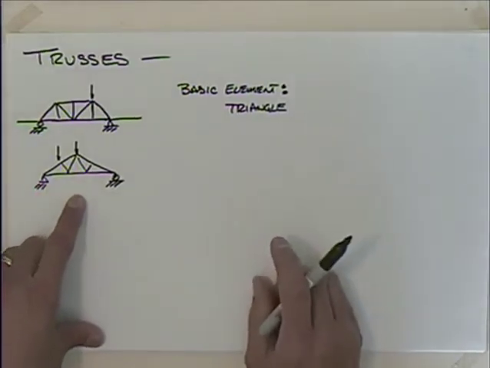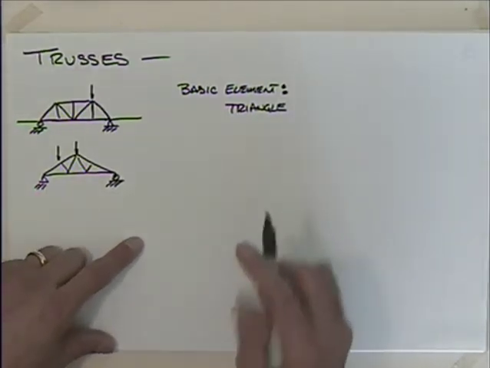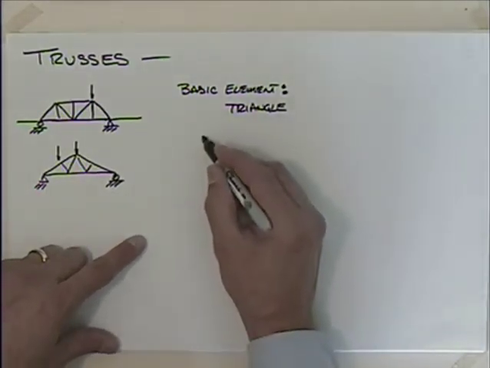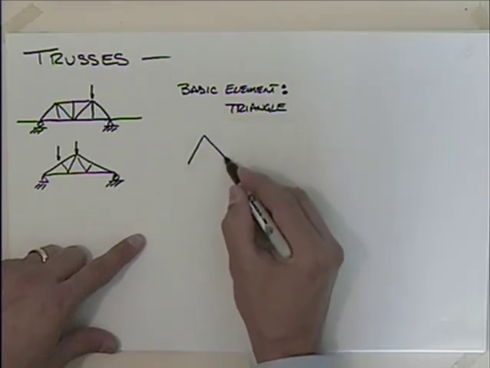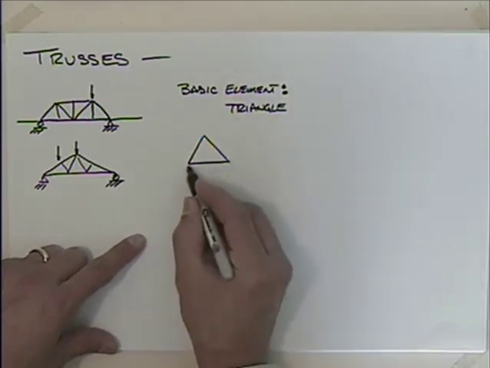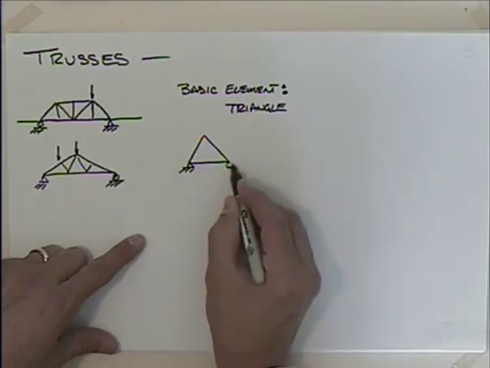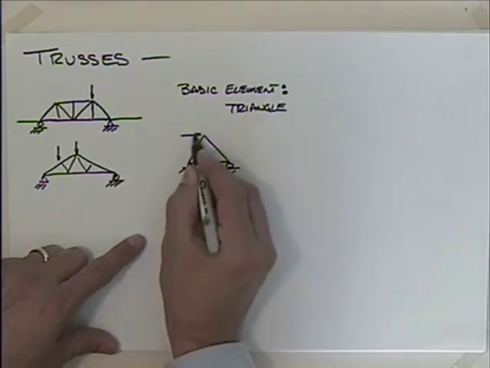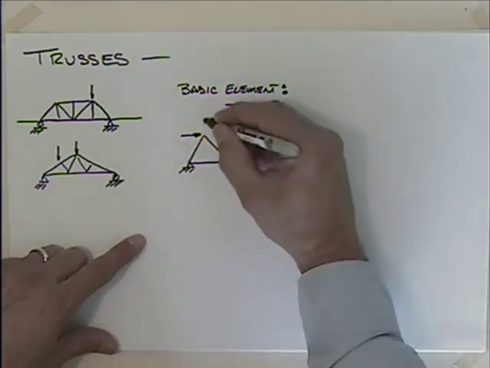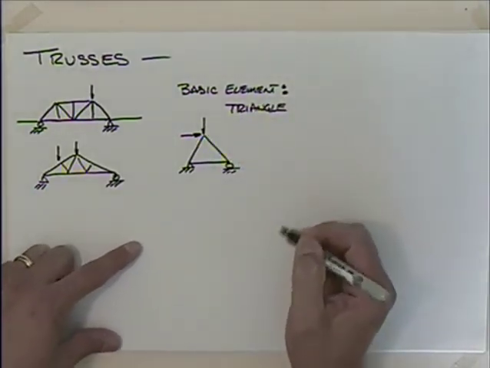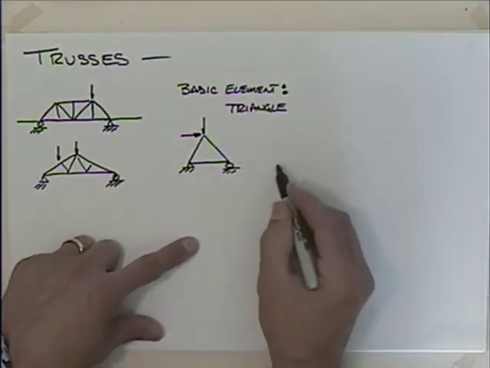So the basic element is a triangle. You could imagine if you have something like this, maybe we have it pinned here, and we have a roller here, and we apply a force like that, or we apply a force like that. That's going to remain rigid and actually work out.